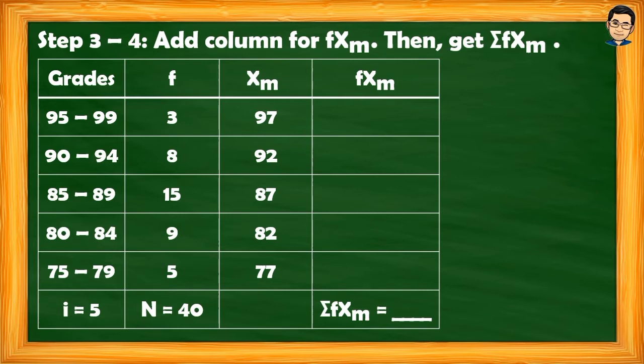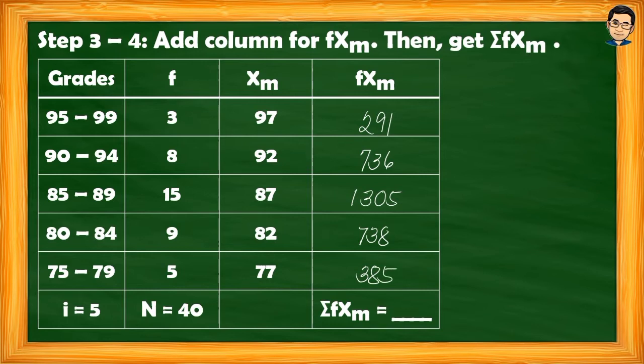So, 3 times 97, that is 291. 8 times 92 will have 736. Next, 87 times 15, we have 1,305. 9 times 82, that is 738. And then 5 times 77 will have 385.